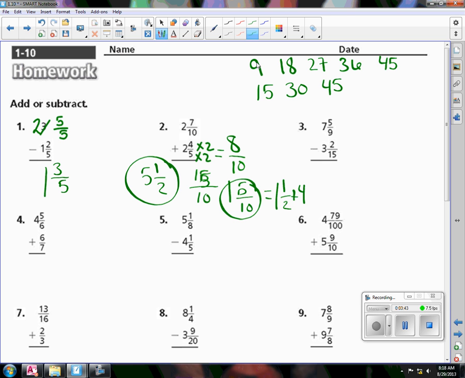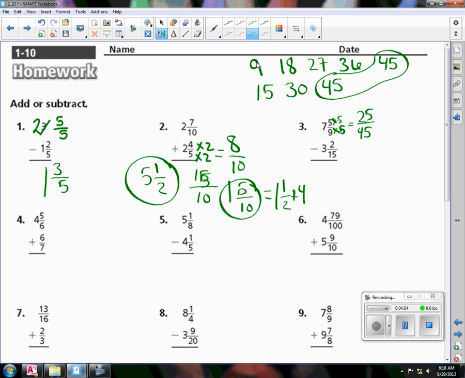I've now found my least common multiple, which is my least common denominator, the number I want to use. It's multiplying 9 times 5. So whatever I do to the denominator, I've got to do to the numerator. Okay, 9 times 5 is 45. 5 times 5 is 25.